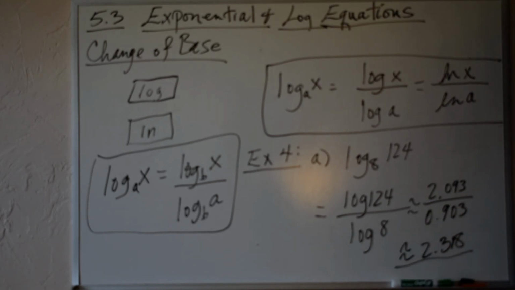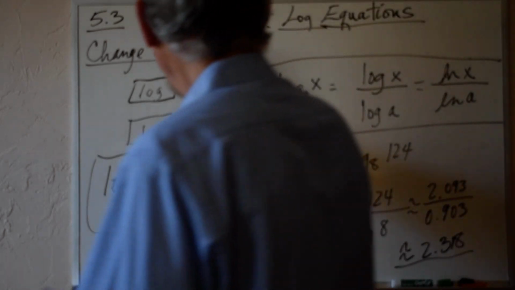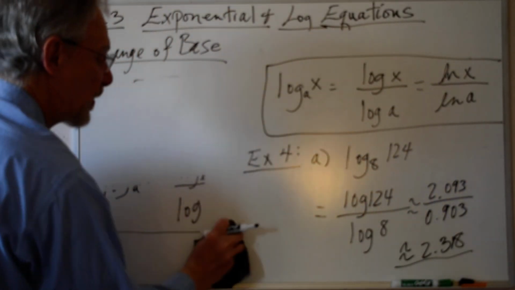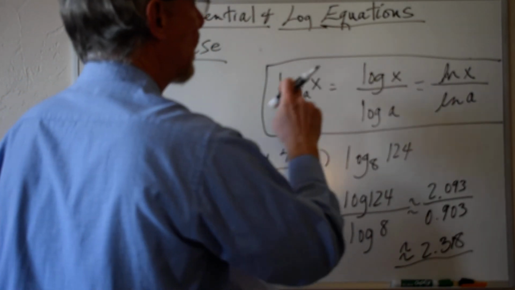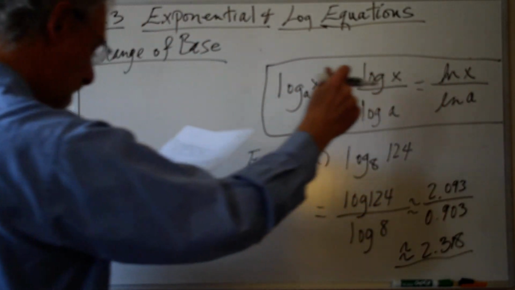Now notice that we could also have used natural log, right? Instead of converting from here to here, I could have converted from here to here.